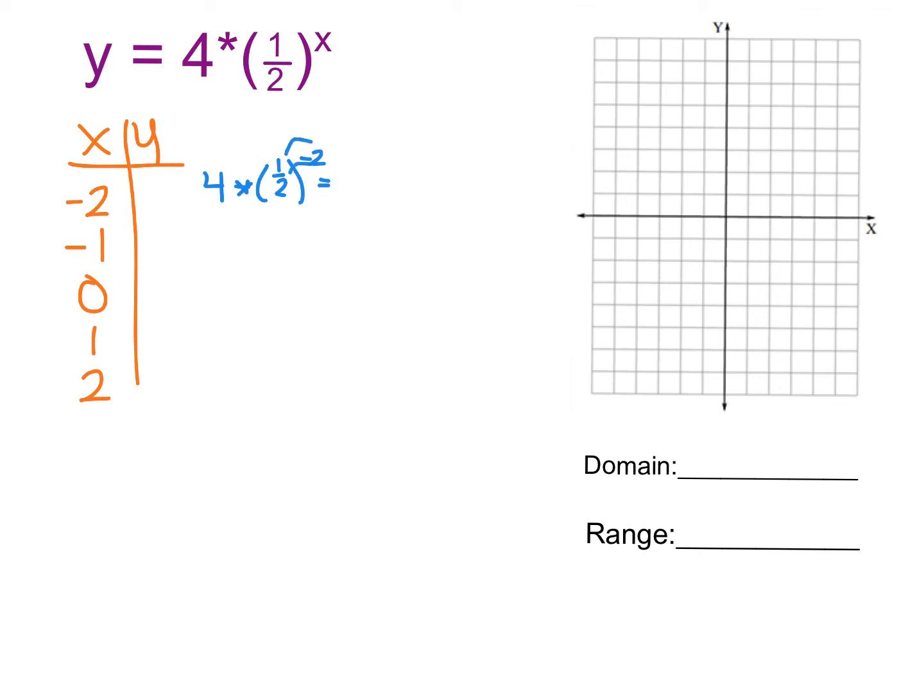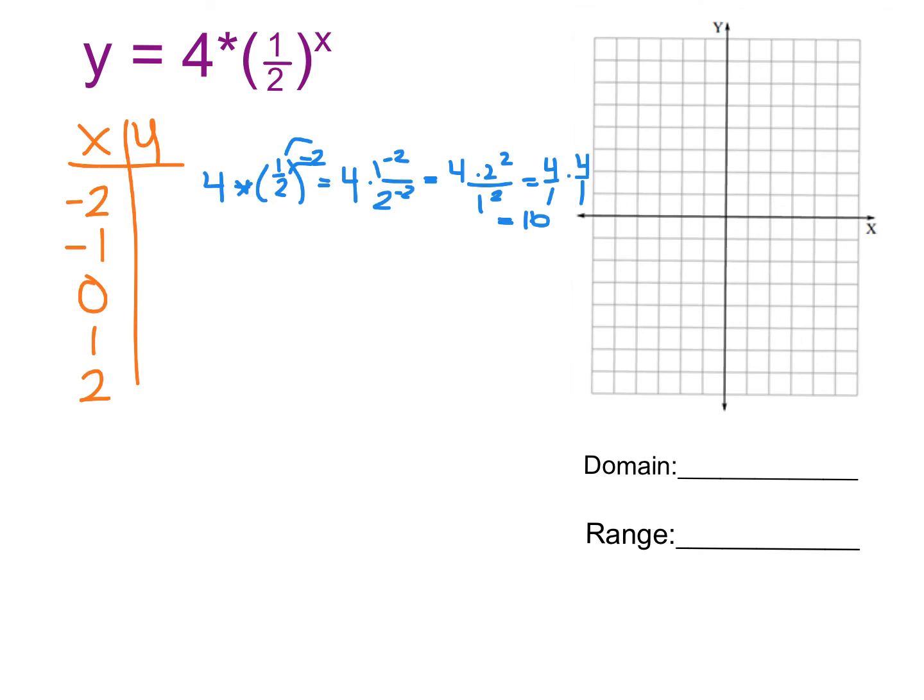Well, that gets distributed to both, so we have 4 times 1 to the -2 over 2 to the -2. We'll flip those around so we get positive exponents. So we have 4 times 2 squared over 1 squared, which becomes 4 over 1 times 2 squared over 1 squared, becomes 4 over 1.